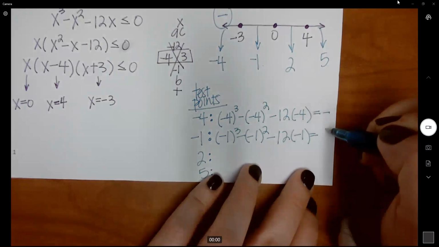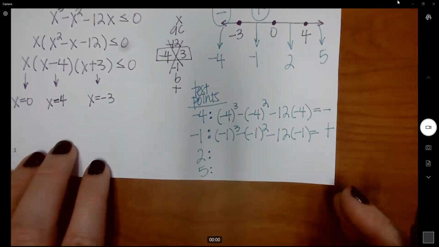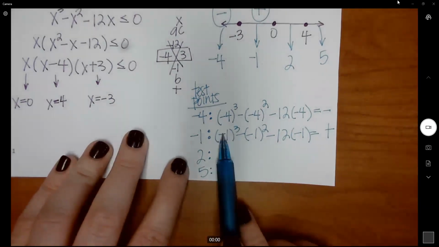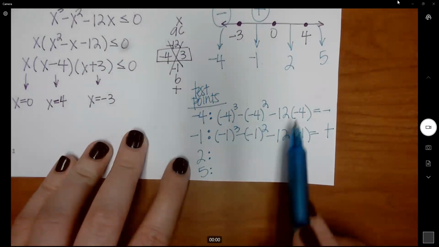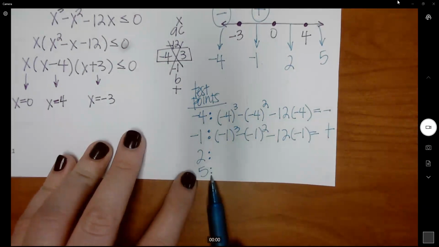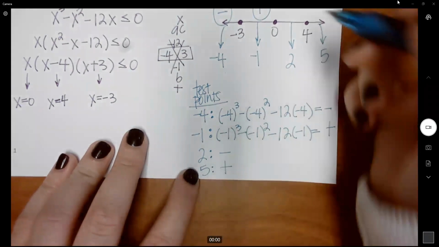And here you should get a positive when you put that in your calculator. Do the same thing: replace your x with 2, replace this x with 2, this x with 2, and then replace all 3 of those x's down here with 5. And you should get negative and positive.